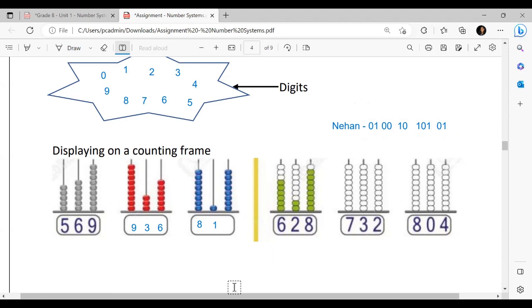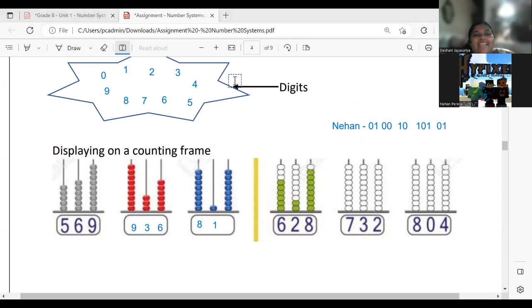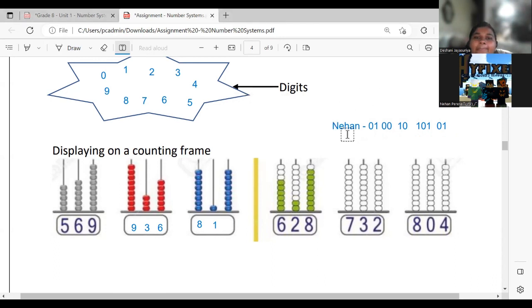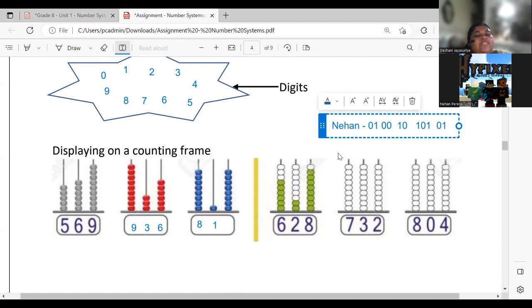Good question, actually, Nehan. So the question is why they don't use hexadecimal instead of binary. No, we use it. To give something new to the computer, we have to use the hexadecimal format so that the computer will say, oh, this is a new thing.